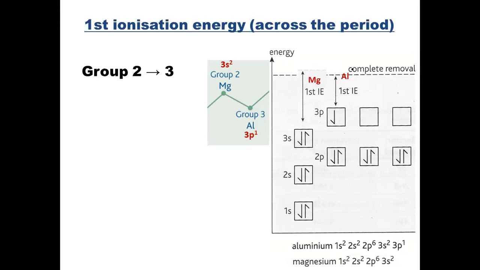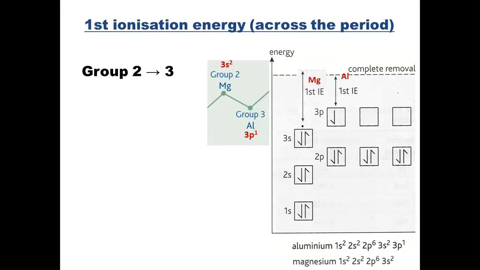if you have a look at our diagram here, we've got energy over here. This is the complete removal. So the ionization energy to remove the 3p electron would be from the 3p level to where the complete removal happens.